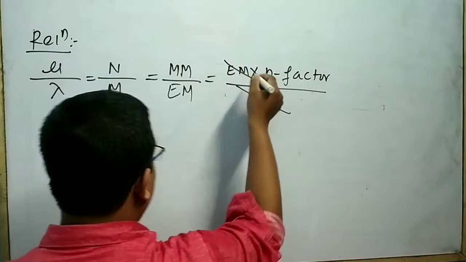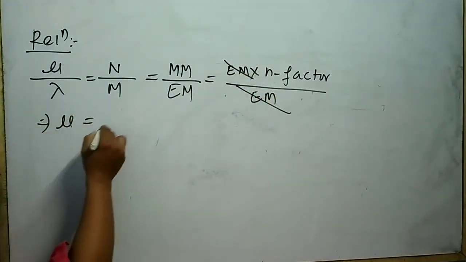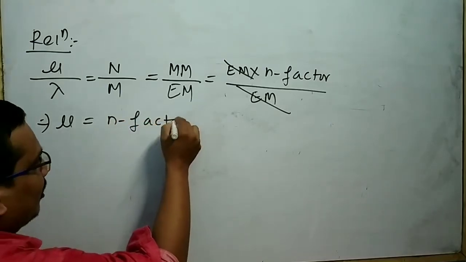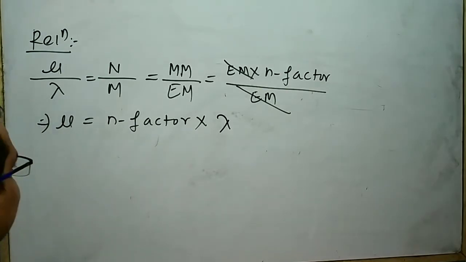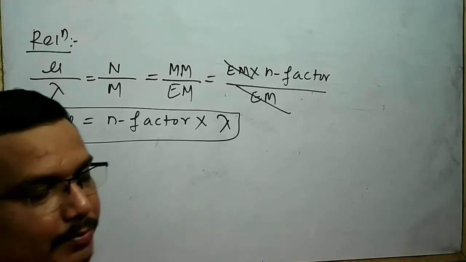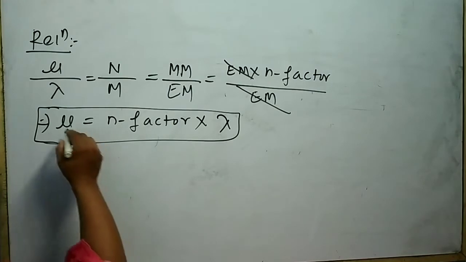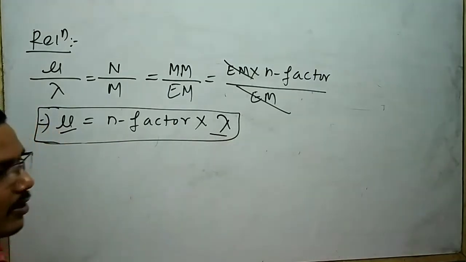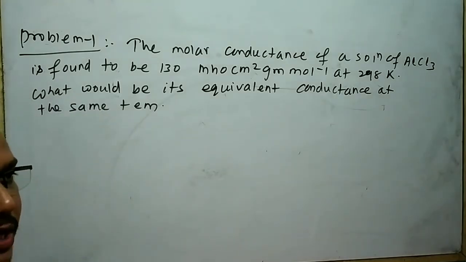Now cancel equivalent mass, then I can write molar conductance equal to n factor into equivalent conductance. Remember this formula. As a result, we can solve many problems related to the relation between molar conductance and equivalent conductance. Now I will solve some problems related to the equivalent conductance, molar conductance and specific conductance.